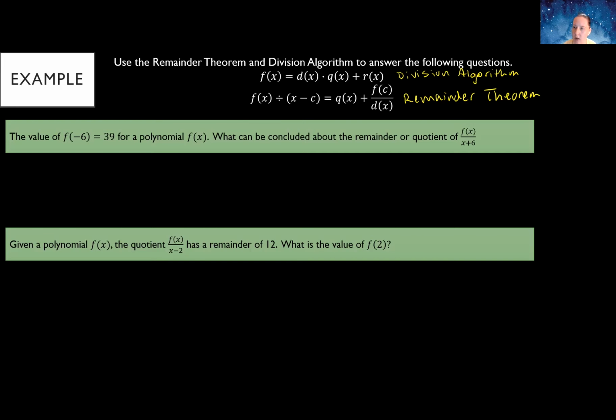So this f of x over x plus 6 is in the form of the left side of the remainder theorem. If you've got a fraction, that's the same thing as dividing. So this means that we have q of x plus f of c over d of x.